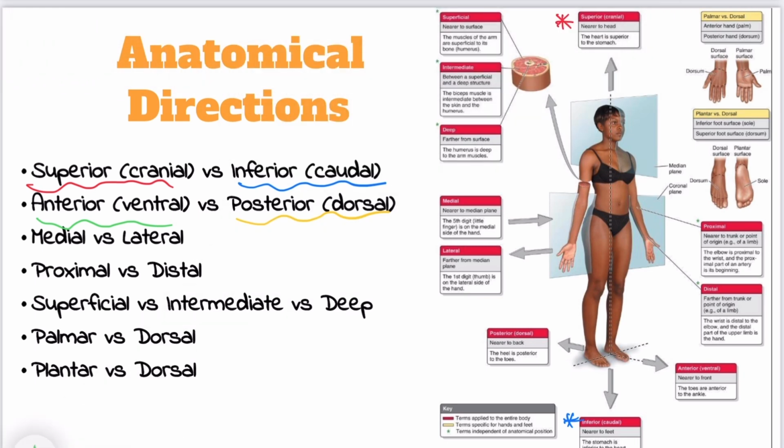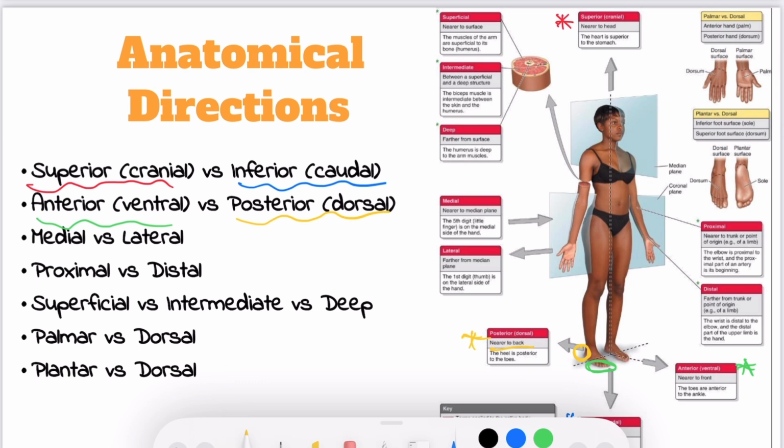So, anterior ventral is nearer to the front. So in this case, the toes are anterior to the ankle. Now, posterior or dorsal is nearer to the back. In this case, the heel is posterior to the toes.